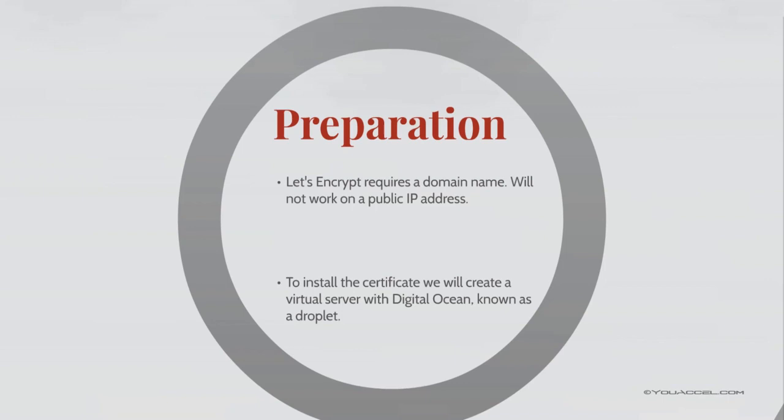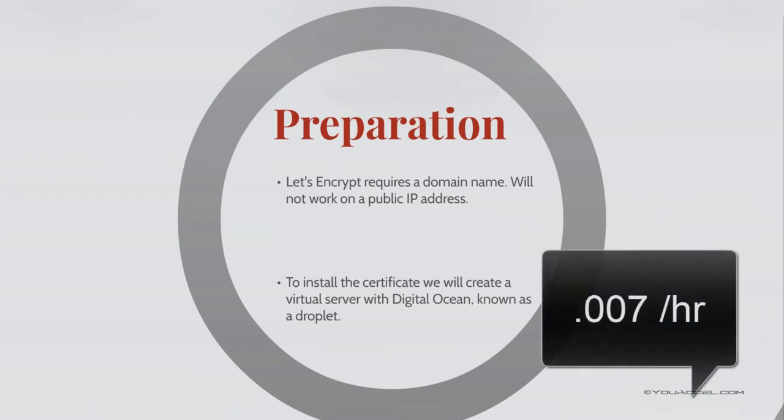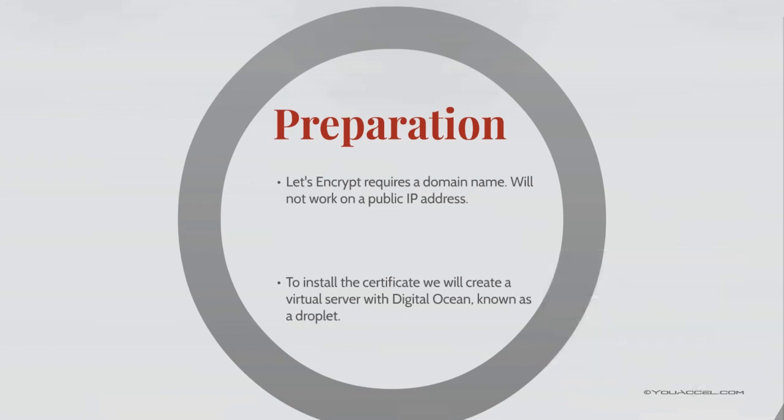The cost of a droplet is only a fraction of a cent per hour, 0.007 cents per hour at the time of this tutorial. They're also offering a free $10 credit. If you do not plan to keep your droplet running beyond this tutorial, you would likely only need it running for 30 to 45 minutes at most.